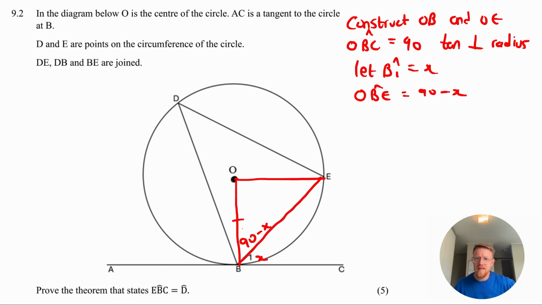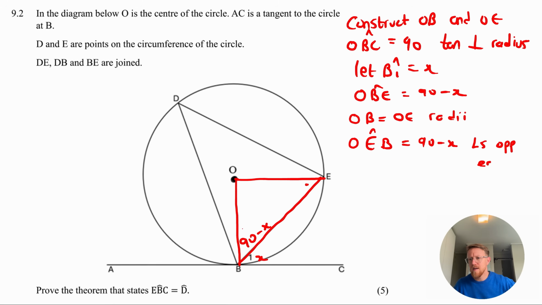Now, can you see that these two are the same because they are radii? So OB is equal to OE because they are radii. That means this angle and this angle must be the same. So angle OEB, which is this one, must also be 90 minus x, because they are angles opposite equal sides.